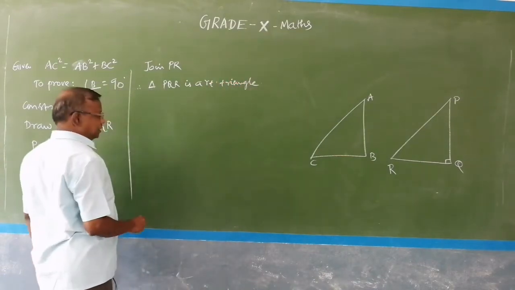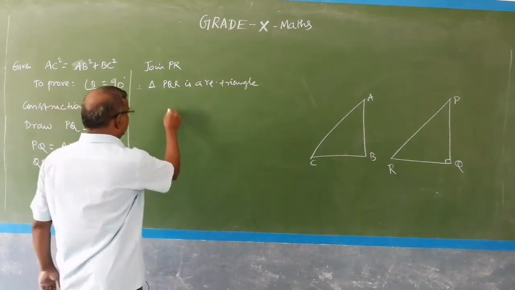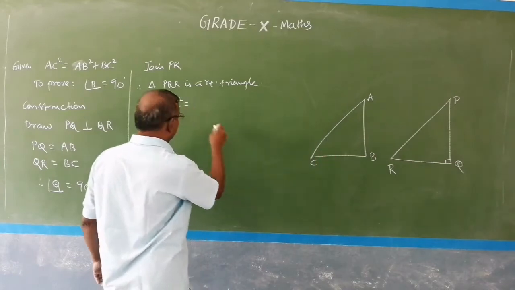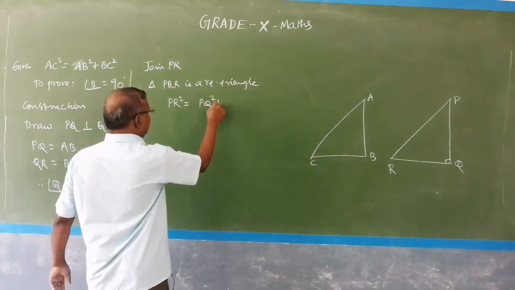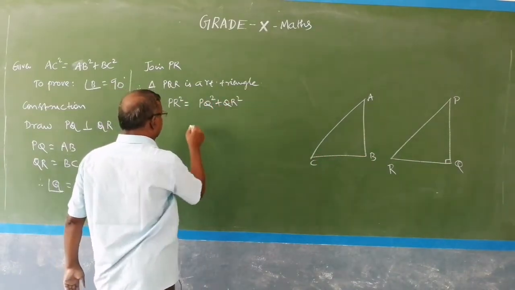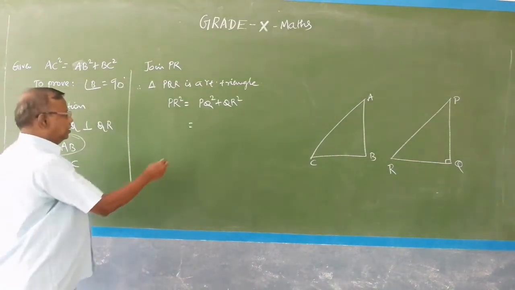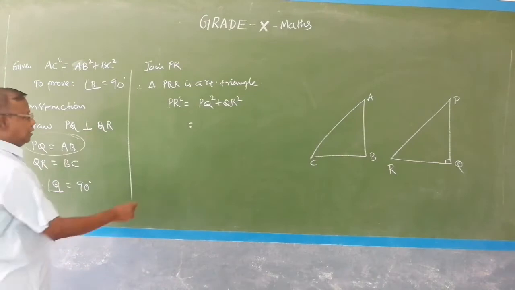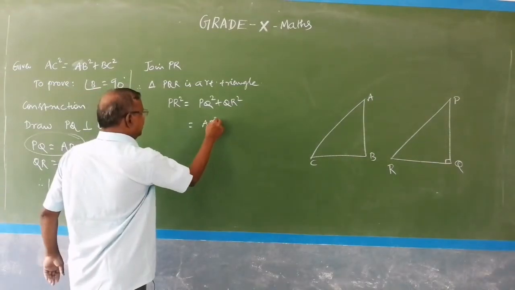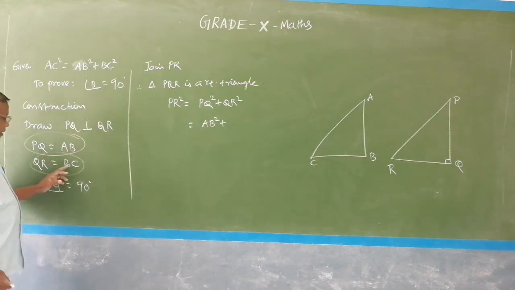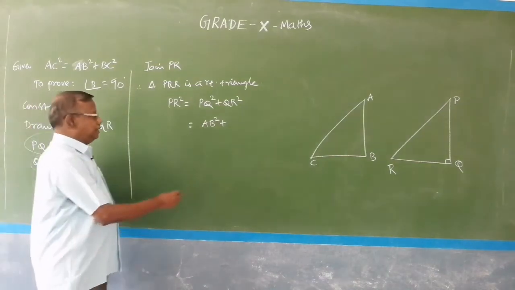So by Pythagoras theorem, the hypotenuse PR square equals PQ square plus QR square. But PQ equals AB, so instead of PQ we can write AB. Instead of QR we can write BC, so it is BC square.